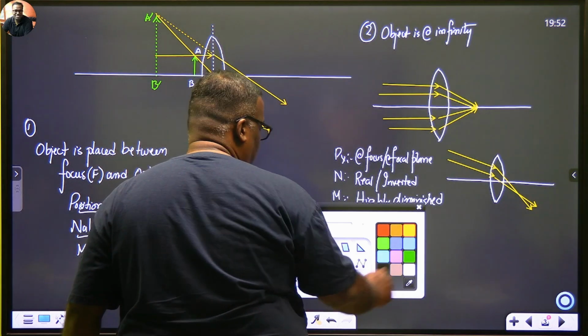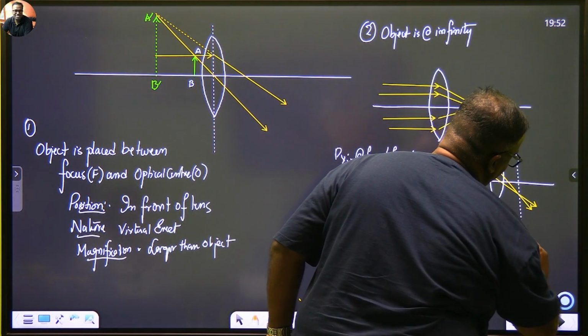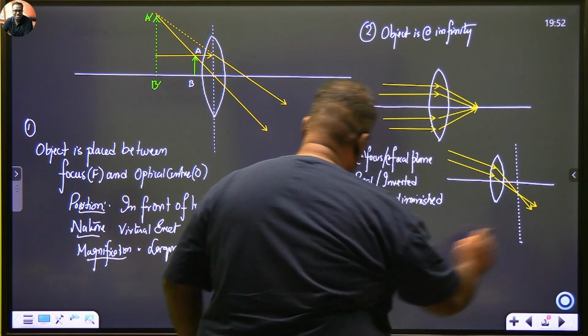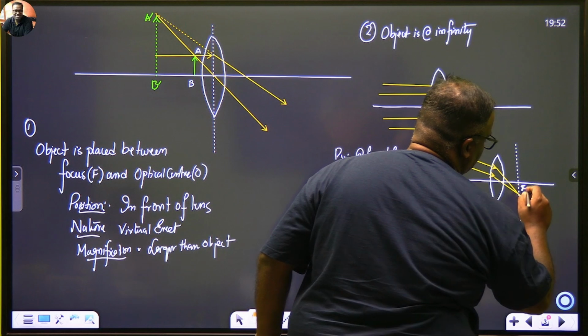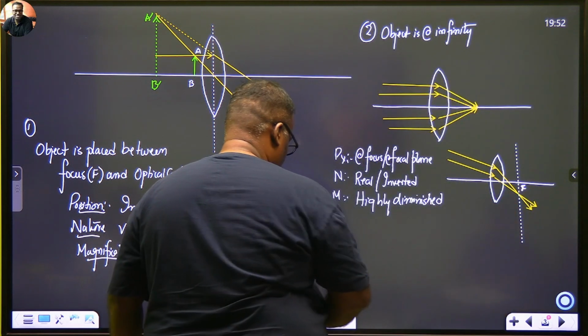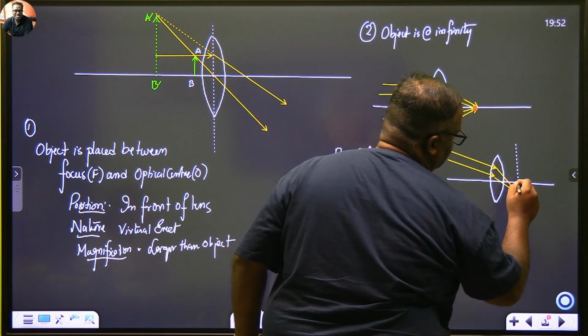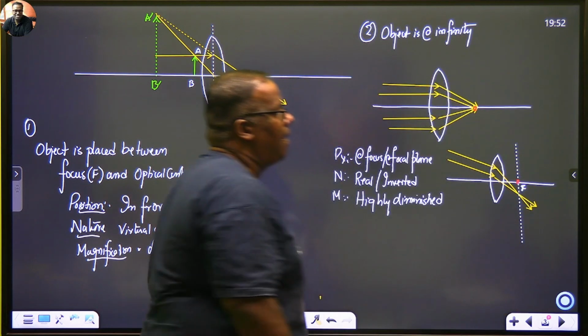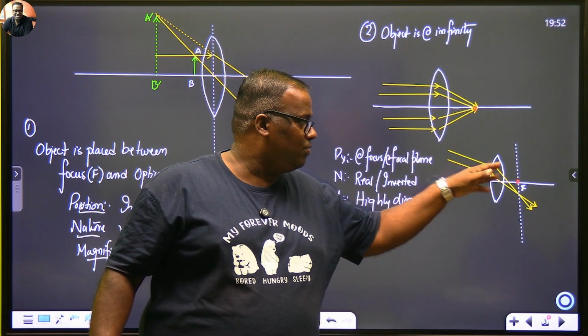This is the axis of the focal plane, and the original focus is somewhere here. So if you want a better explanation, this point is this point. But if the rays are coming this way, you'll get it.